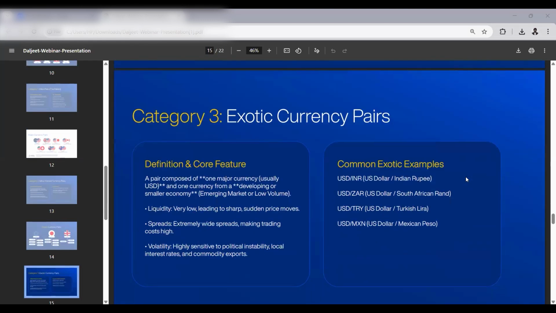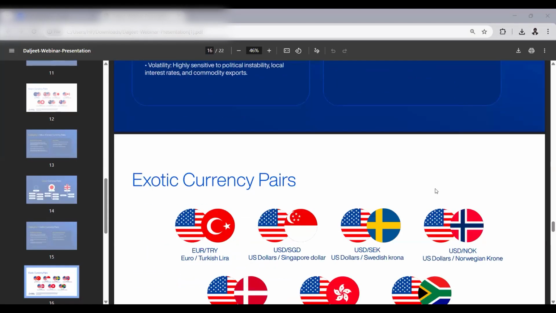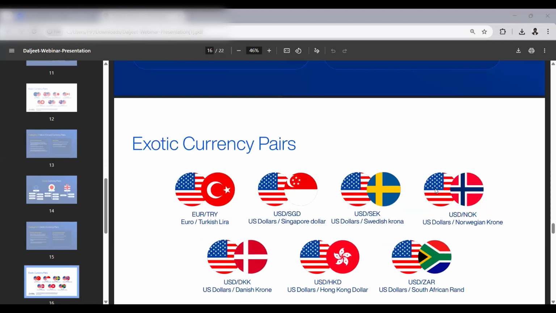Okay, so the third category of currency pairs are called exotic currency pairs. All the other currency pairs that are not major currency pairs or a combination of minor currencies are exotic currency pairs, which are getting developed and getting more and more volume.